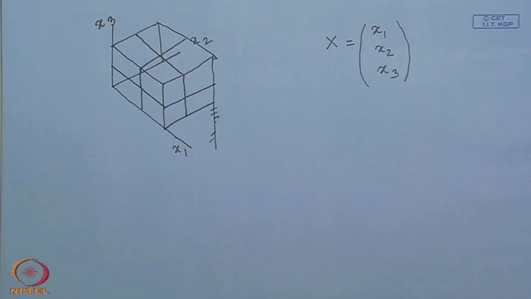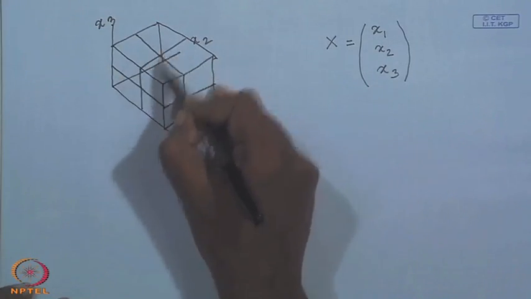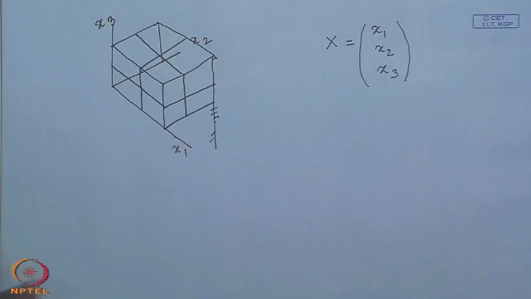So, here you find that there are 8 volume elements, 4 on this side and 4 on this side. And once I divide this 3 dimensional space into such volume elements, every volume element will have 8 vertices. Okay.